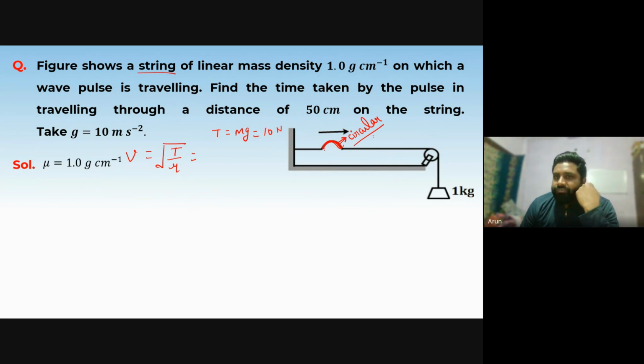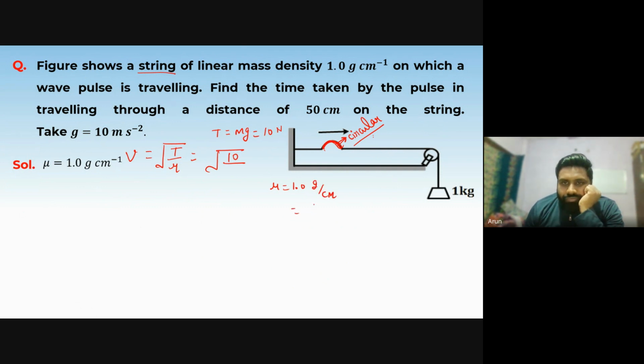Mg is nothing but 10 newton. G is 10, m is 1. So if you put this value, this will be 10. This is 1.0 gram per centimeter, so you need to convert it into kilogram per meter. So mu is 1.0 gram per centimeter.